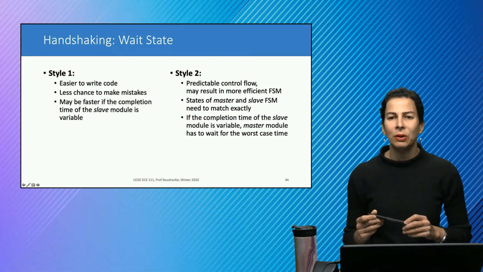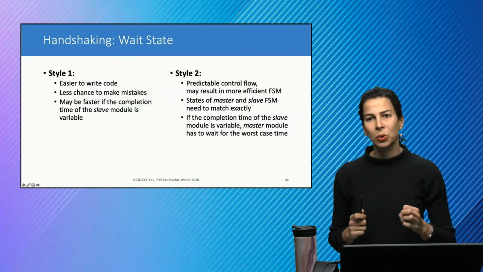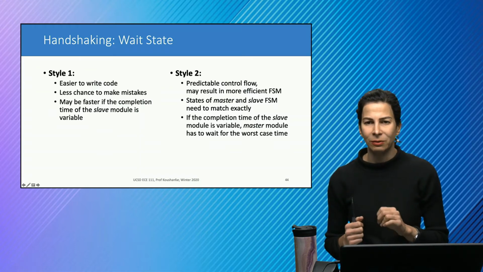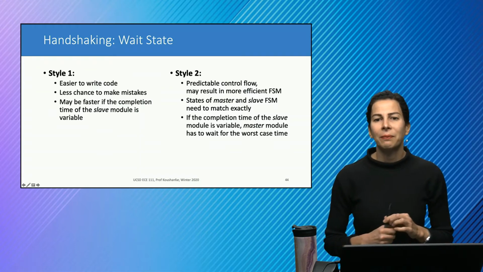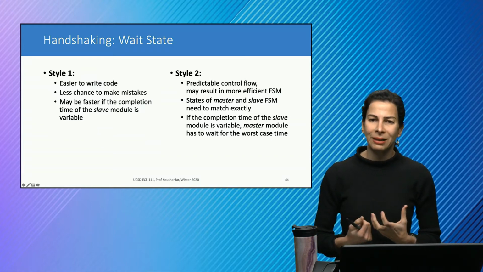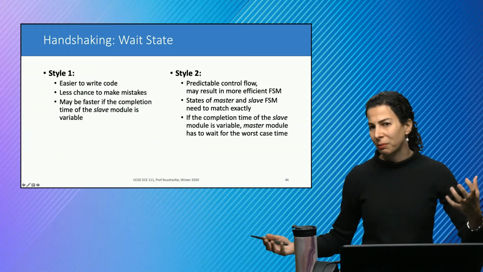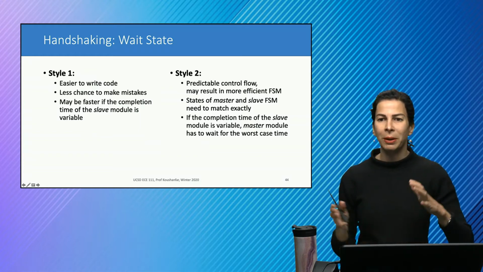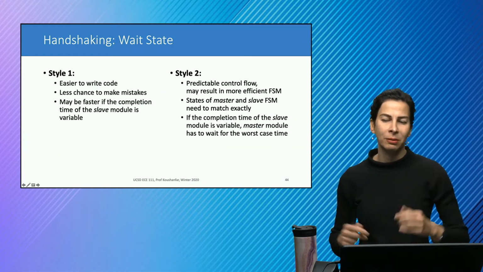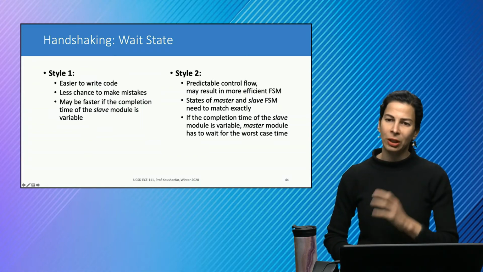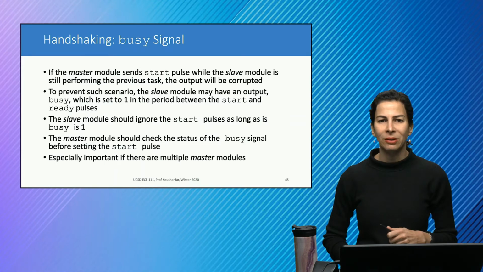And the thing is, we need to know exactly how many clock cycles each one of these tasks will take. Another drawback could be that in style 2, if the completion time is variable, we have to do the maximum amount of possible computation before we finish and go back to the master.